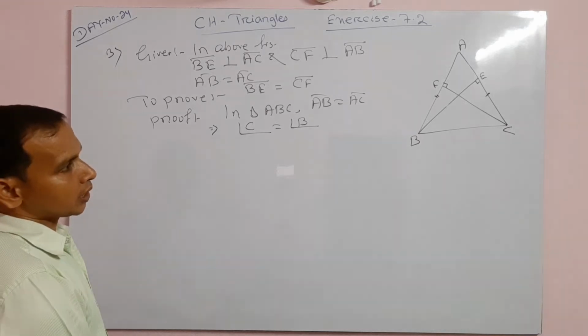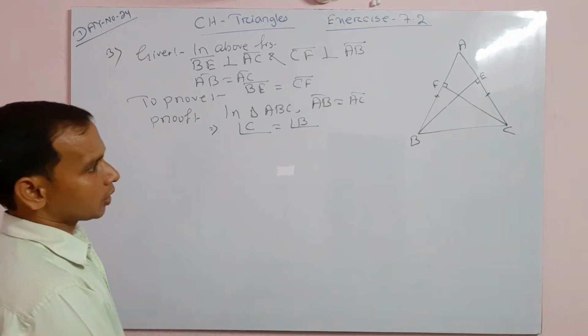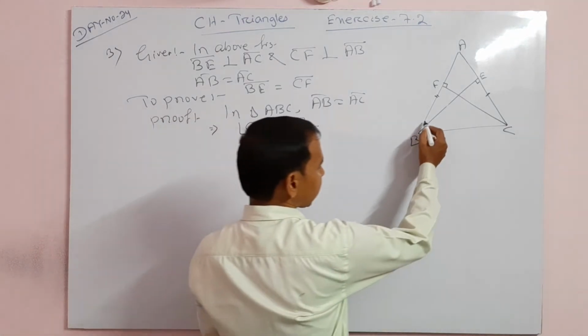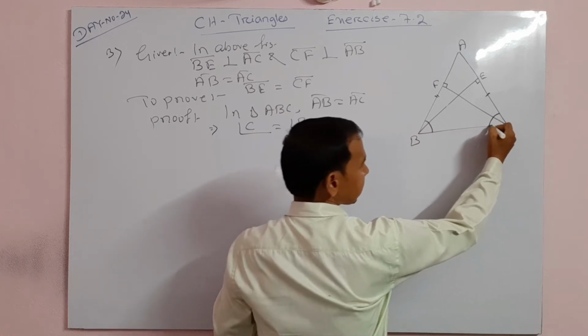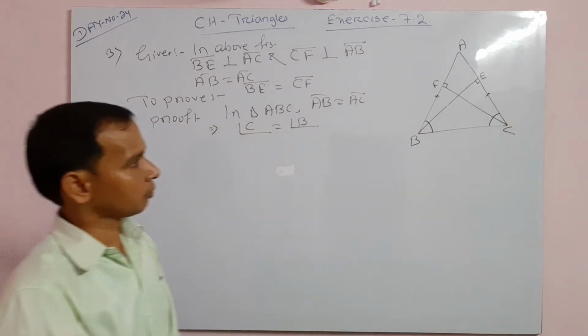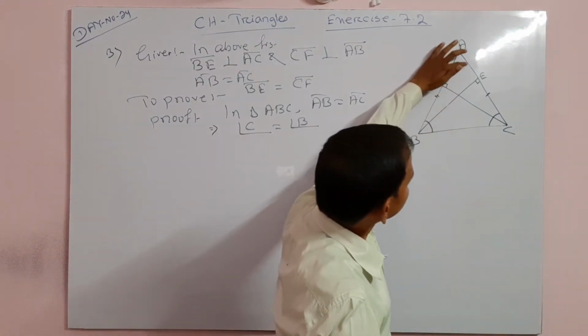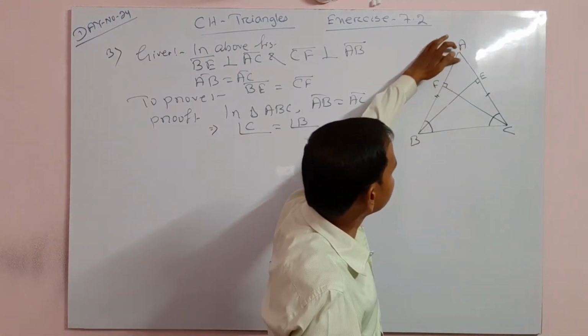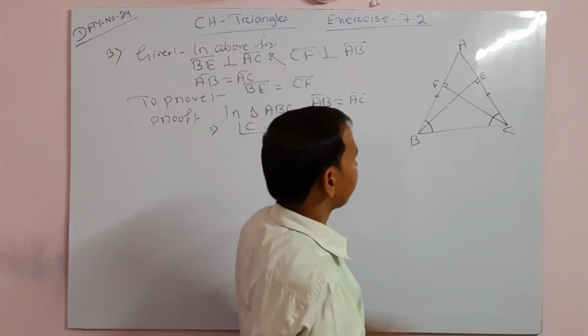Then you just take two angles. Mark here, this one B angle is equal with C angle. Okay. This one angle, then right angle, hypotenuse.